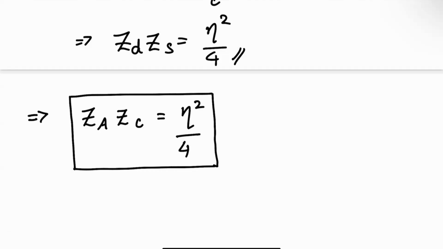So what are the implications of this? Remember that eta is a constant. Since eta is a constant, when Z_A increases as a function of frequency, Z_C should decrease as a function of frequency. And that's the reason, as we've covered folded dipoles before, in the long 6.5 hour video, we did folded dipole and folded slot. And even in the homeworks, you'll see folded dipole and folded slot.